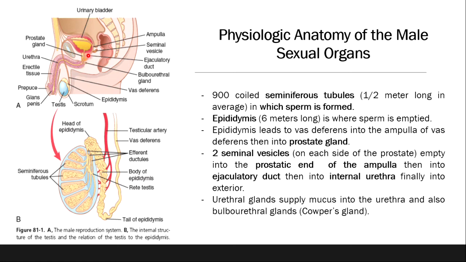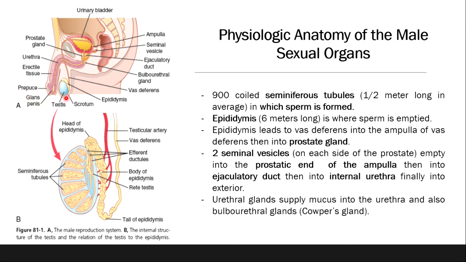Okay, and then also sa baba ng bladder natin is the prostate gland. Okay, and then along with the prostate gland is may tinatawag tayong parang tube. Yan ay tinatawag na urethra. And then itong pink na nakikita nyo dito, tinatawag yung erectile tissue. Then this is the prepuce of the penis, and this is your glans penis.